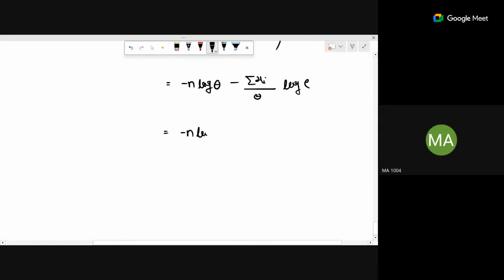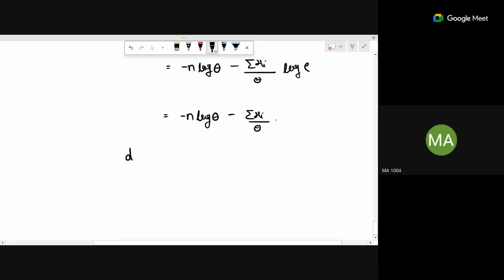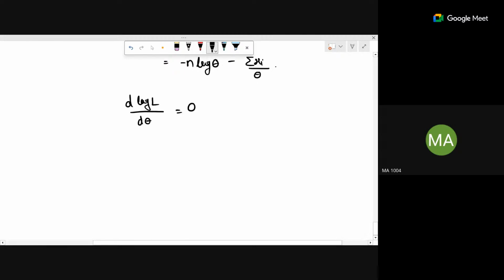Yesterday we discussed that if there is a negative sign, instead of maximizing we minimize the function, which is similar to maximizing the positive function. So we differentiate with respect to theta and equate it to 0, to get the minimized value of theta.